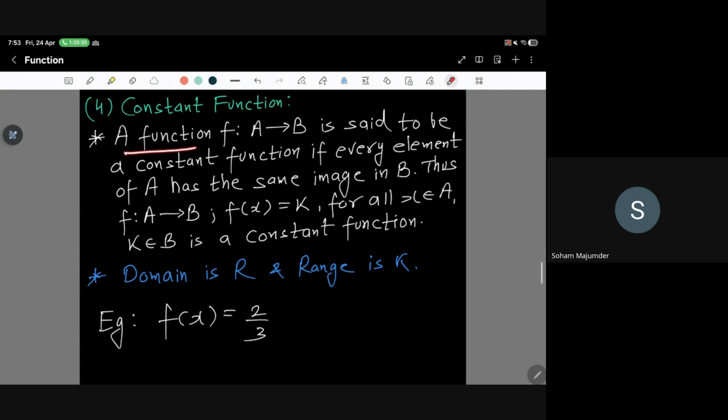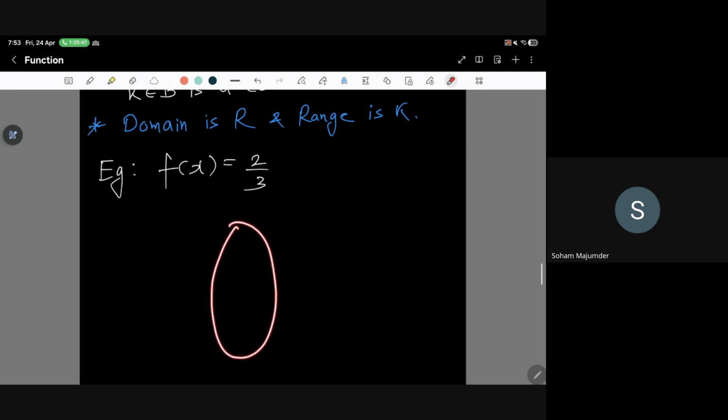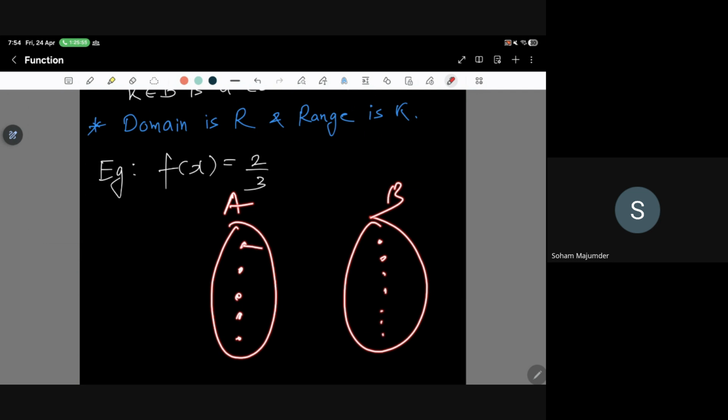So a function from A to B is said to be a constant function if every element of A has the same image in B. So this is set A, this is set B. Whatever you are putting, here you have multiple possibilities. But if every element is connected to the same element, it means your output is only this element.